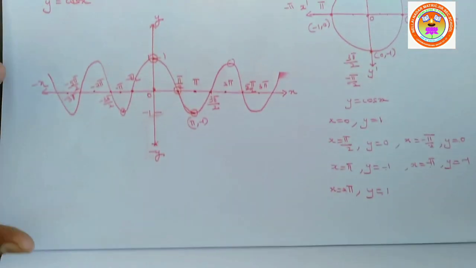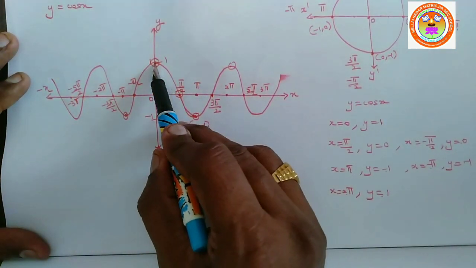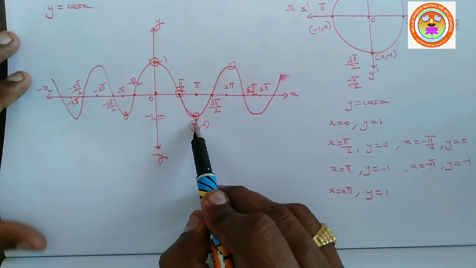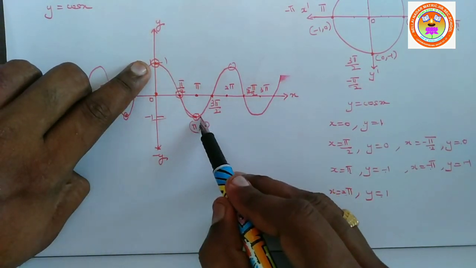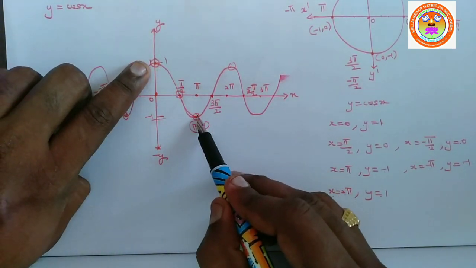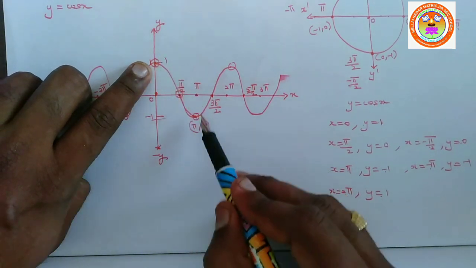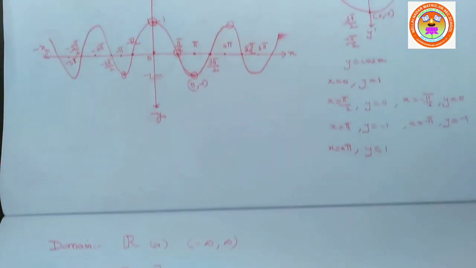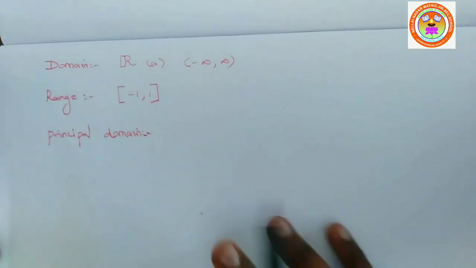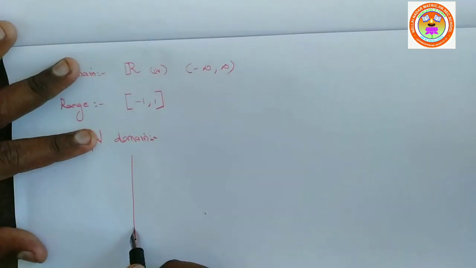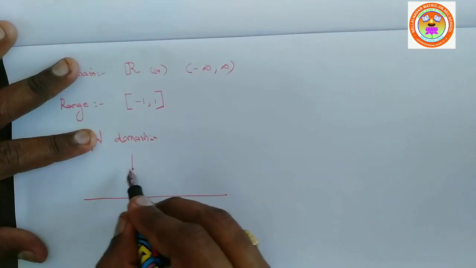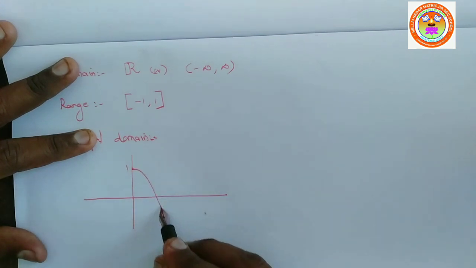For this diagram, I am going to take the main part starting from here. This is the part I am going to take, 1, pi by 2 and pi. So I will draw this principal domain here. It starts here and comes here.